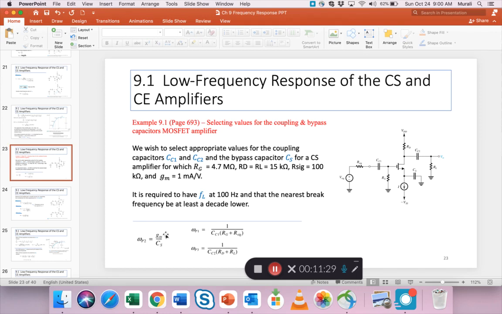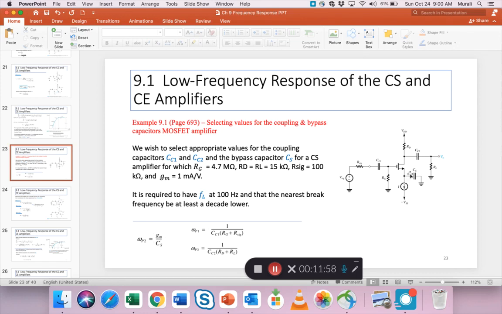gm is a conductance, the opposite of resistance, so 1 by gm is your resistance. 1 by 1 milliamp per volt is about 1000 ohms. So there is a 1000 ohm resistance inside this device that affects the omega P2, and hence it helps us decide. Now this omega P2 is close to this 100 Hertz, so that helps us decide the value of CS.